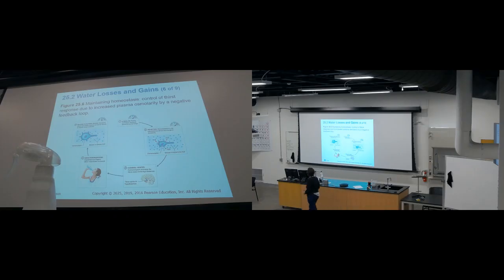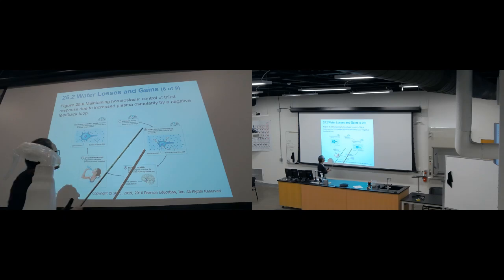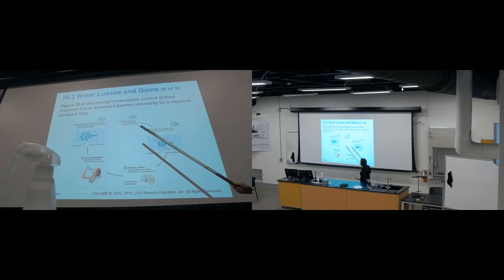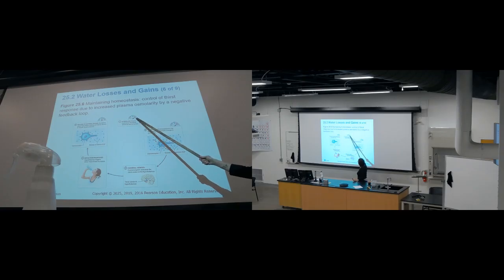So here is the image, or the cycle, showing you how we control water balance based on the intake of water when your osmolarity increases. So here is the stimulus. Let's say that you drink a sugary drink, or you ingest something that is very salty.